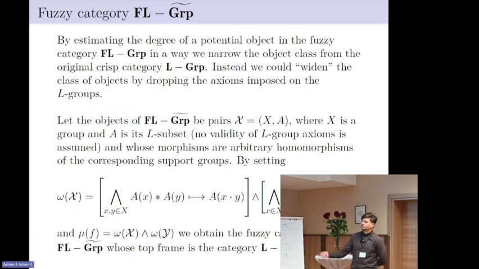So we test both axioms and test how well these groups satisfy the axioms in a simple, lazy manner. When we don't care about morphisms, we just sync them with the objects. And in this case, the top frame is the category of L groups instead of crisp groups.